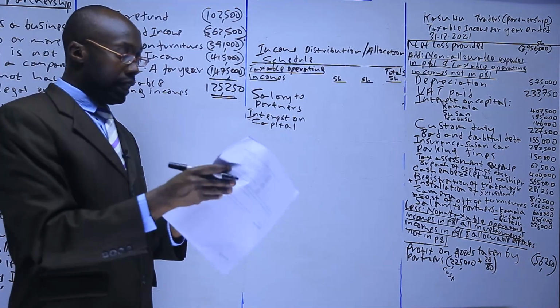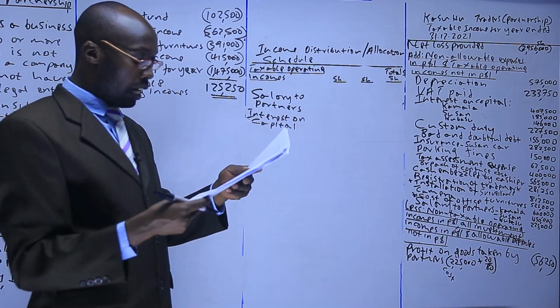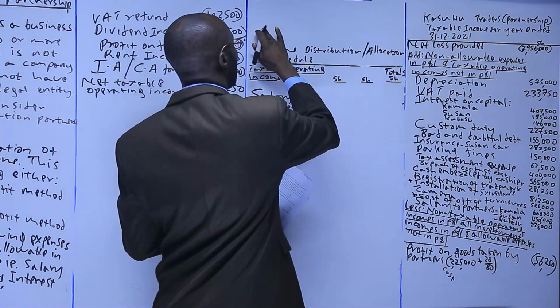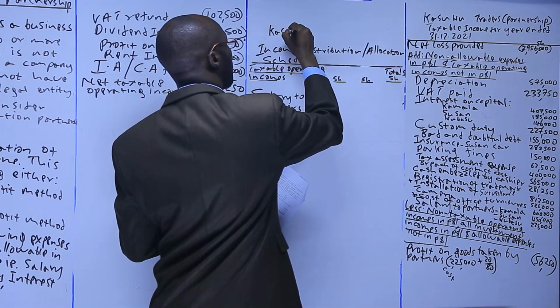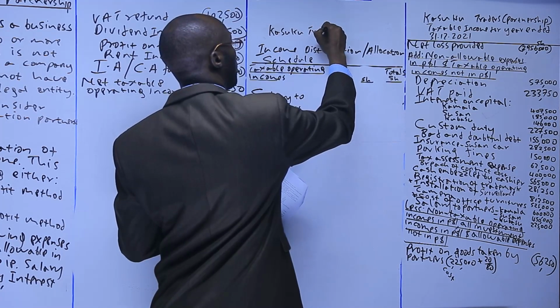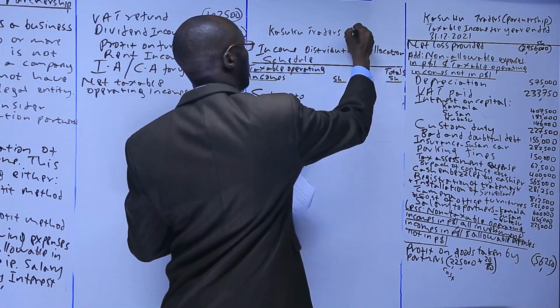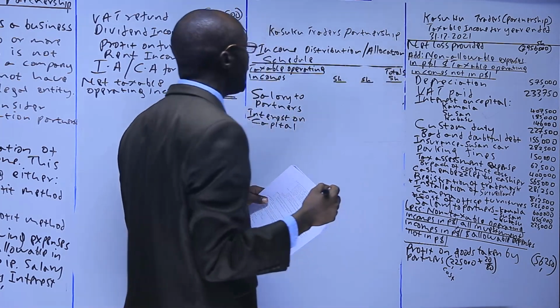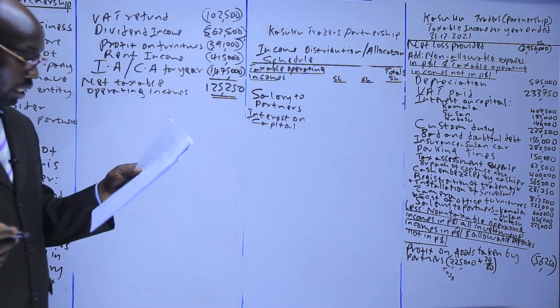So I'll call this the partnership name, Kasuku Traders Partnership. Income distribution or allocation schedule.